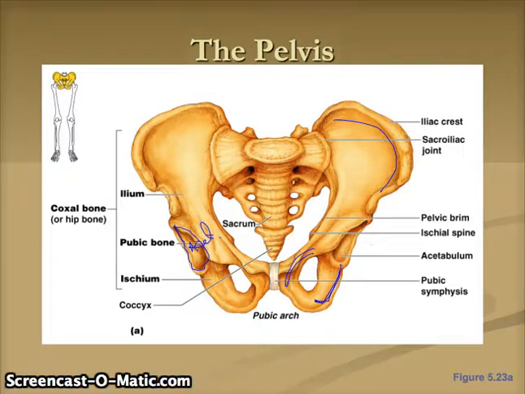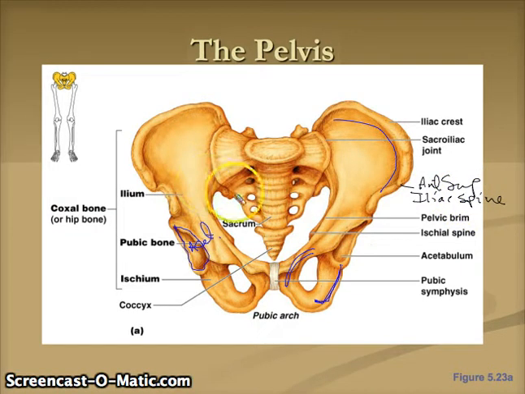Okay, first and foremost, when we look at some of the key features, the iliac crest, obvious. You can see the sacroiliac joint: sacrum, ilium, sacroiliac. The other thing is this point here, the front portion. This is what's known as the anterior superior iliac spine.